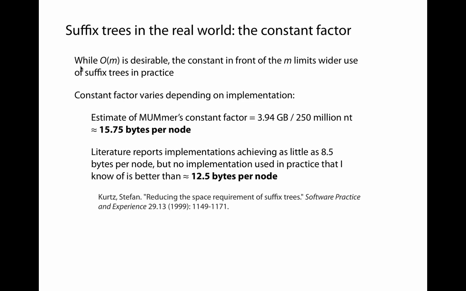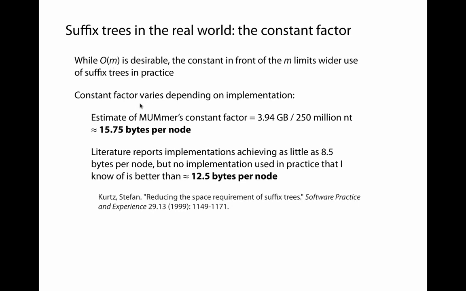What we can say about building a suffix tree is that being able to do it in linear time and linear space is very desirable. But there's also the question of the constant in front of the m. Even if it's linear, is the constant factor large? We like how the index is growing, but is the index itself just too big to be practical?